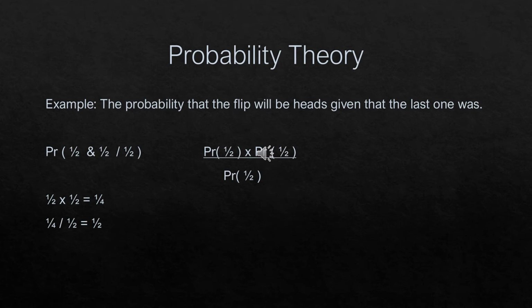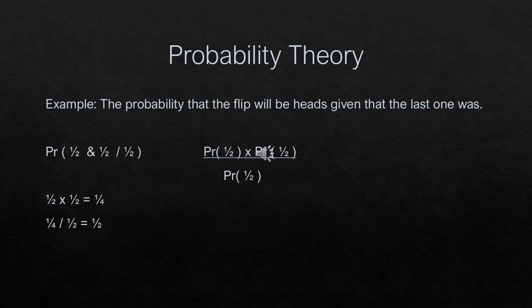Now, this is different than the probability of flipping 2 heads in a row, and I want to make that clear. There's a difference between flipping a coin and it turning up heads, and then the next flip. What's the probability of the next flip? Well, it's just 50-50 still. Whereas the probability of flipping 2 heads in a row is different. That's the probability of the first one times the probability of the second one, so that's going to actually be 1/4.